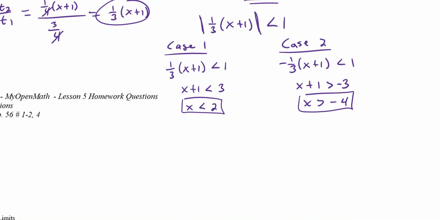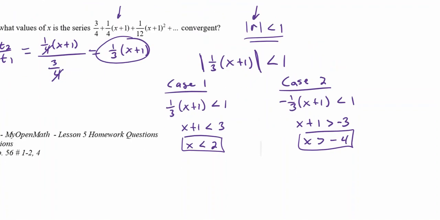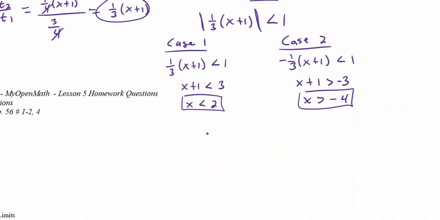Okay, so then we should probably write that out. So in order for this thing to be converging, we could say therefore x has to be greater than -4, and it has to be less than 2. Why can't it be equal to?